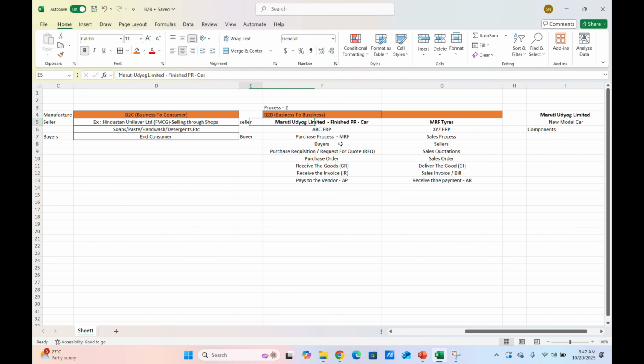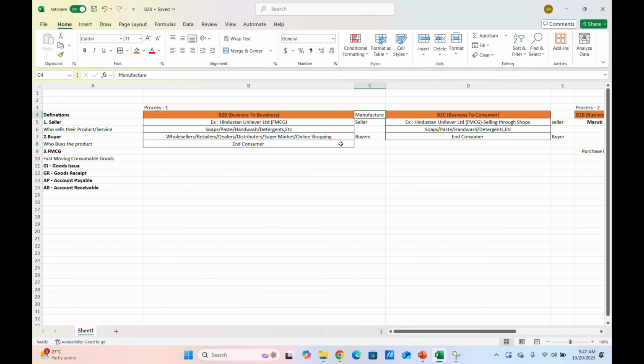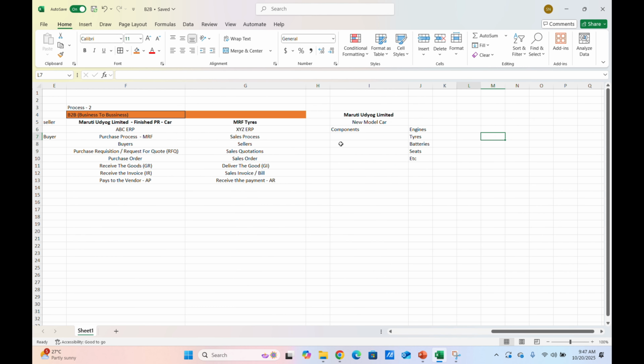in process one, the dealers and distributors are buying it to run their business, right? And here, to form the end product, Maruti Udyog Limited is procuring the tires from MRF Tyres. Business is happening between two business parties only.